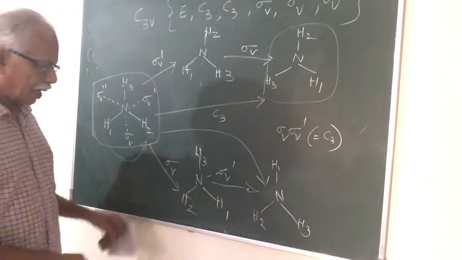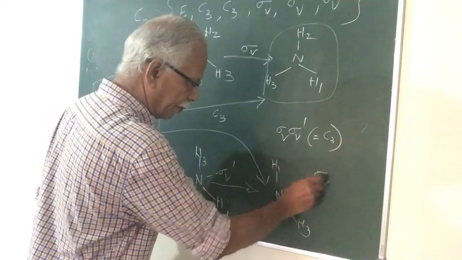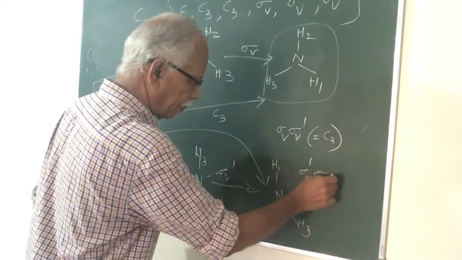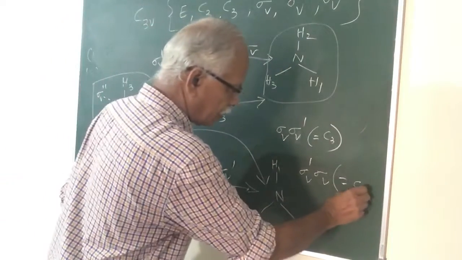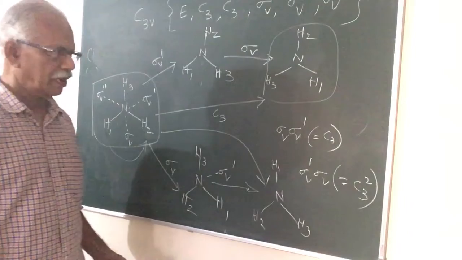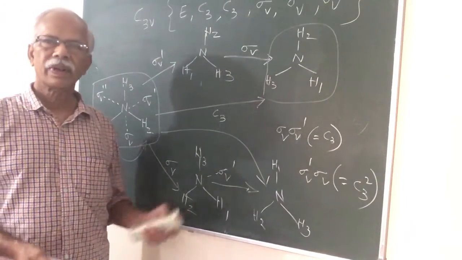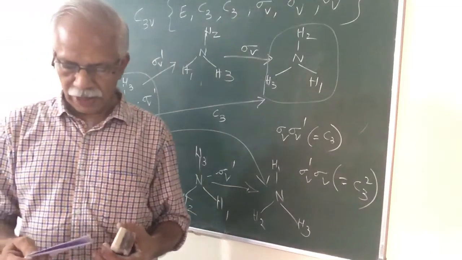So it is very clear that sigma V followed by sigma V dash is giving you a result C3 squared, and C3 and C3 squared are different. So the non-abelian quality of the C3V group is thus proved.